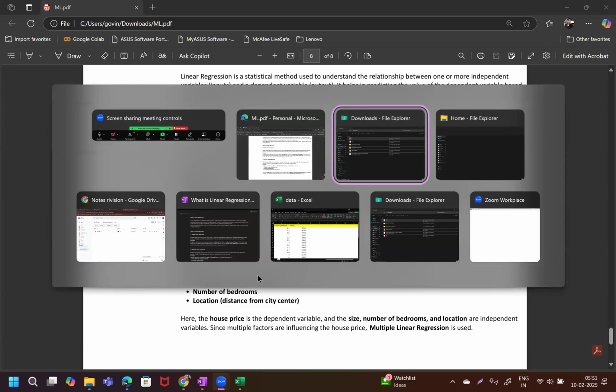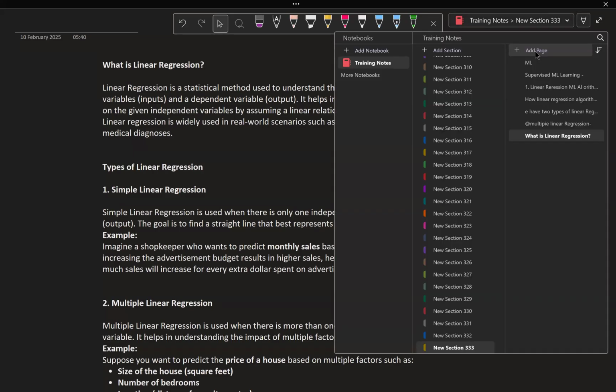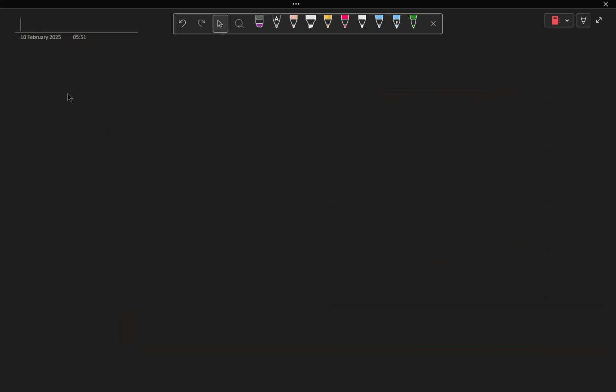Okay, guys. So I'll just list down some of the steps that you will be doing in every machine learning model. Step number one, you will be loading the data.